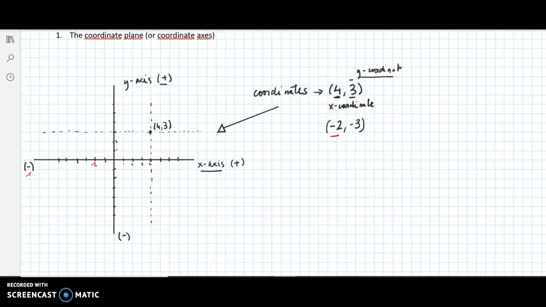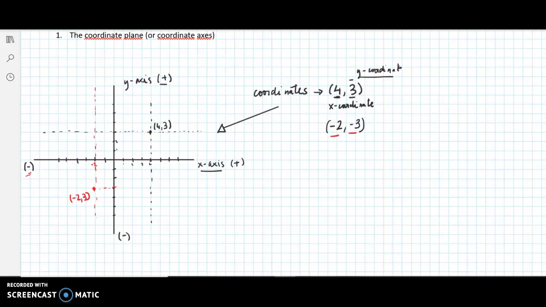So I'm going to make a vertical discontinuous line. And then I have to look for the minus 3 on the y-axis. The minus 3 is down here, okay? So I make the line up to the intersection, okay? So here I have the minus 2, 3.